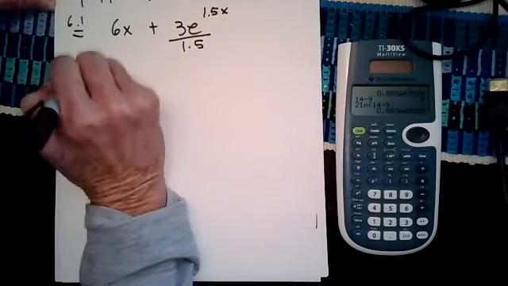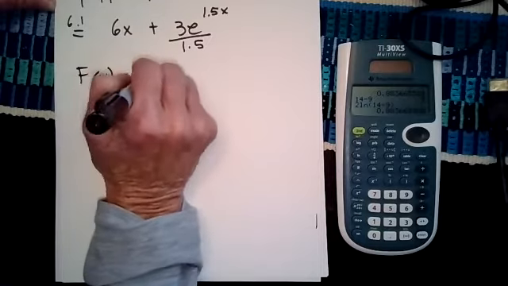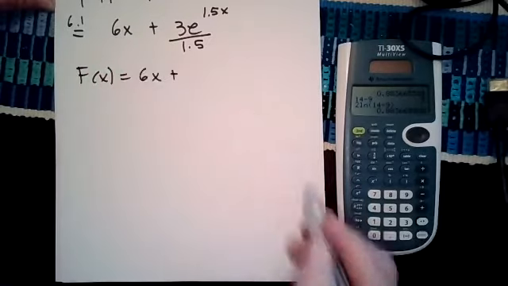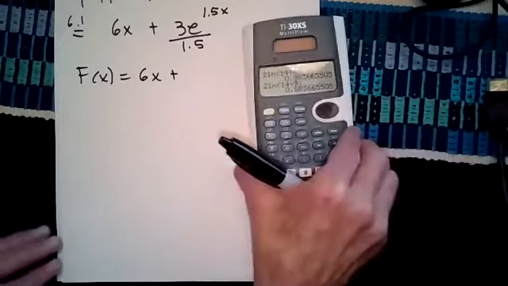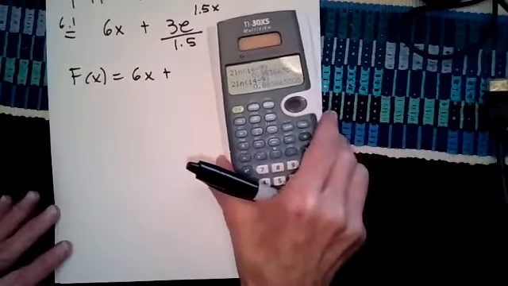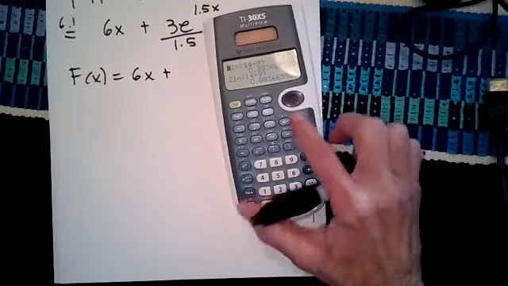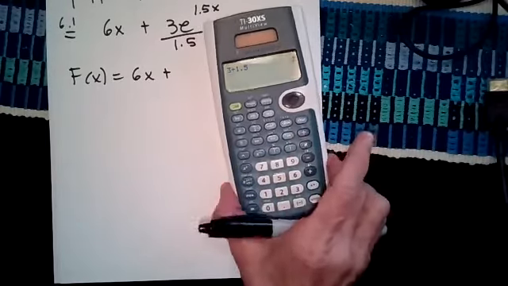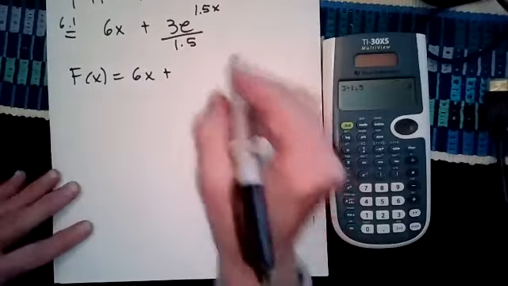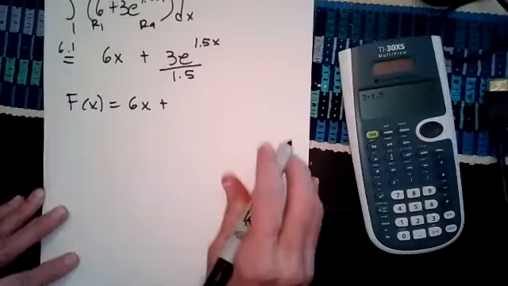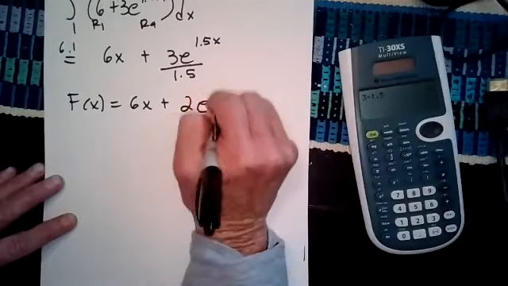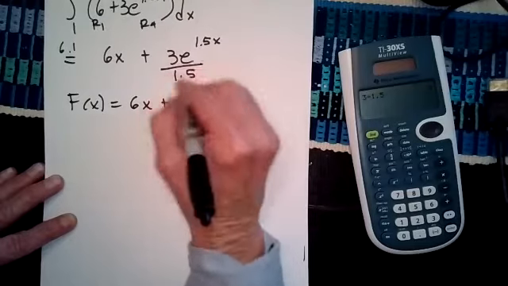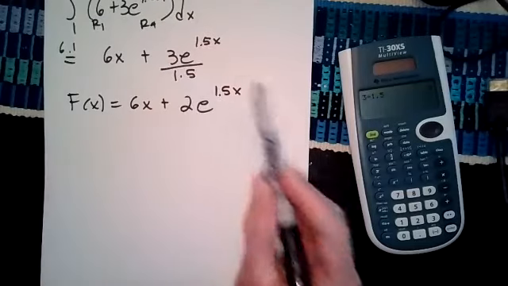Okay, so my antiderivative is 6x plus, now what I like to do that makes it easier number, I'll say, what's 3 divided by 1.5? 3 divided by 1.5 is 2. So it's easier for me to say 2e to the 1.5x. These are the same. If you want to write 3 divided by 1.5, that's fine.